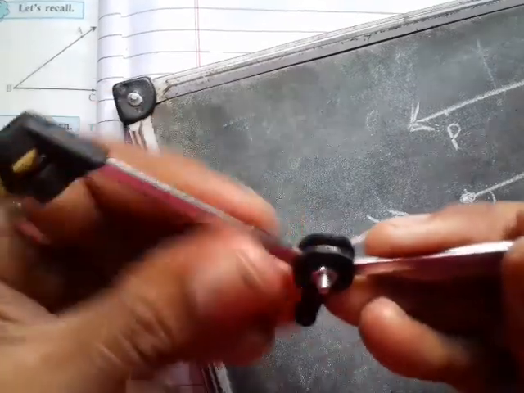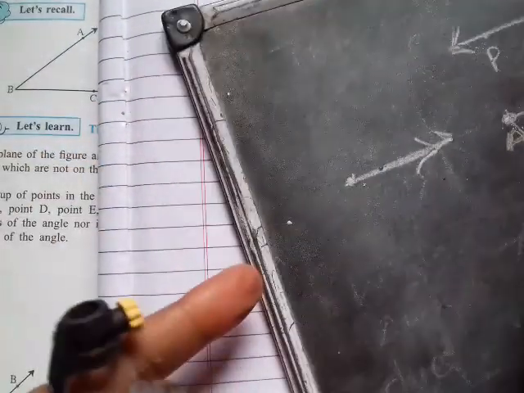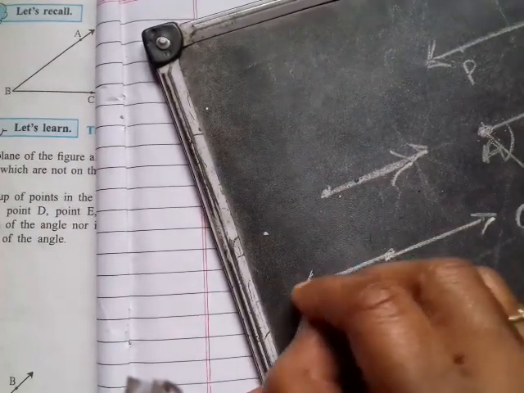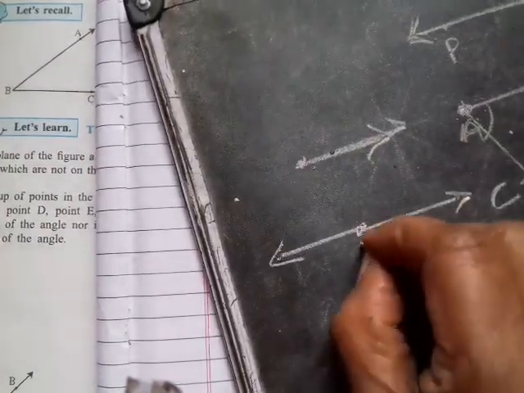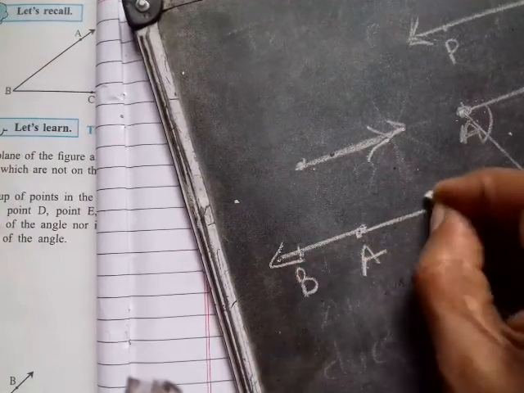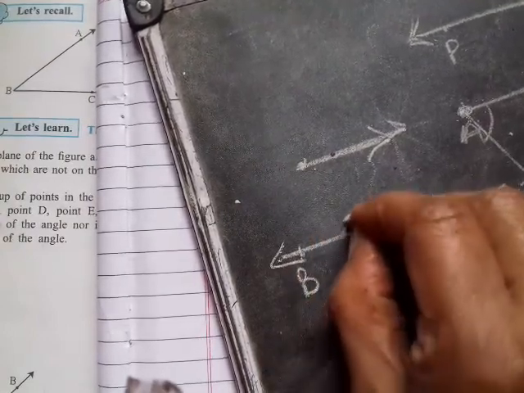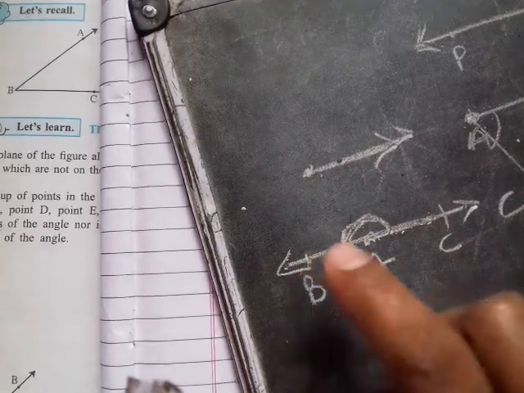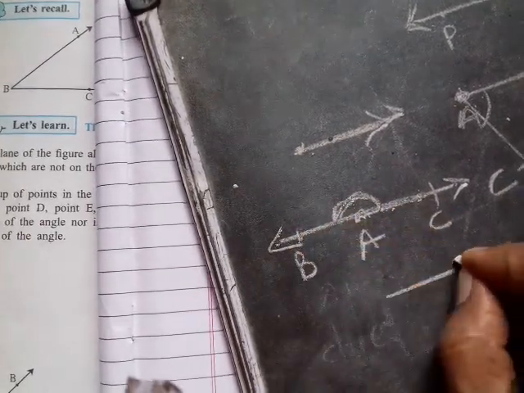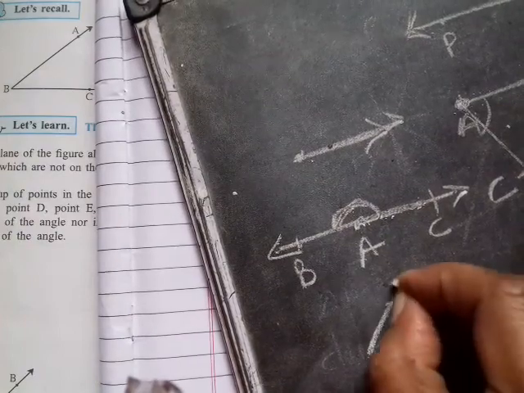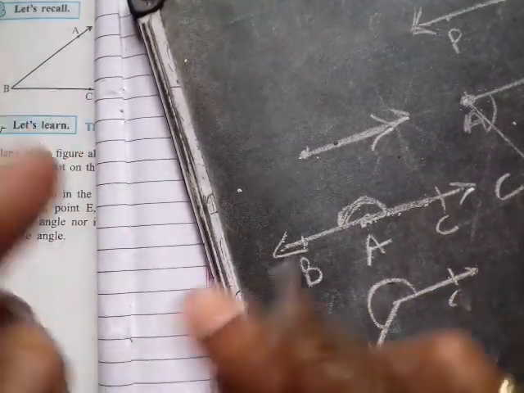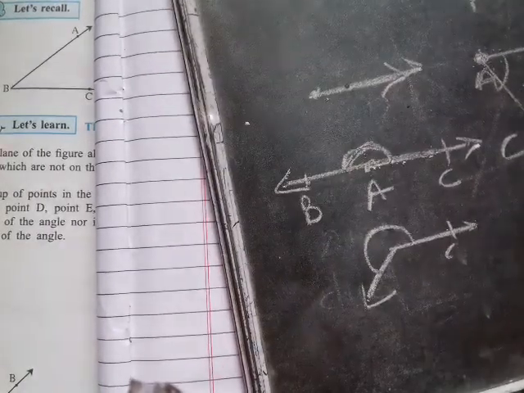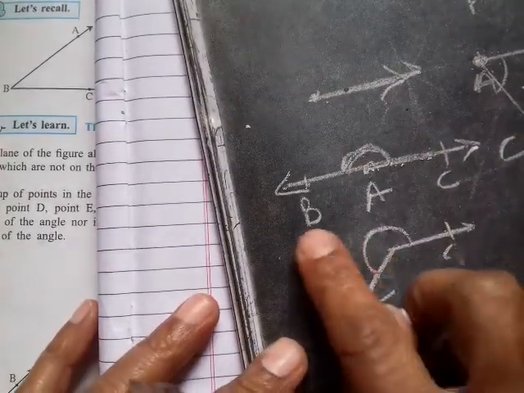And when it is exactly straight, the origin is here, one ray is here and one ray is here. Suppose my origin is A, B here, C here, then this is called a straight angle, whose degree is 180. If extending again more than that, then it is called a reflex angle, more than 180.